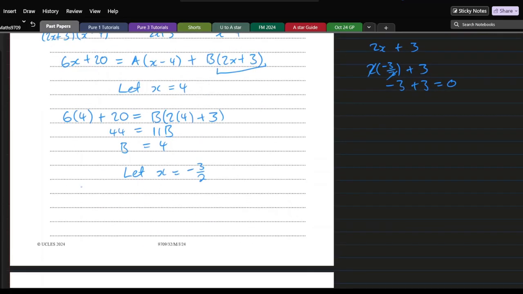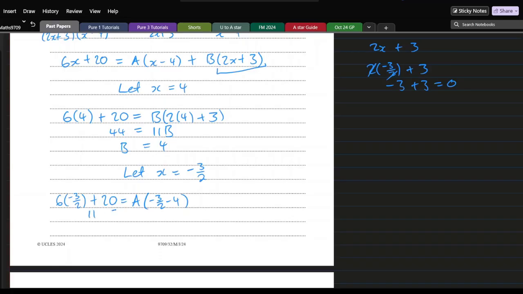So that means we've got 6 times negative 3 over 2 plus 20 is equal to a times negative 3 over 2 minus 4. Alright, so let's simplify. Our left hand side is 6 times negative 3 over 2 plus 20, and that gives us 11.